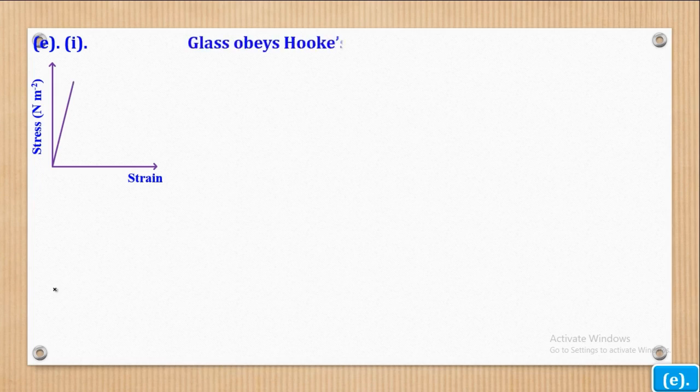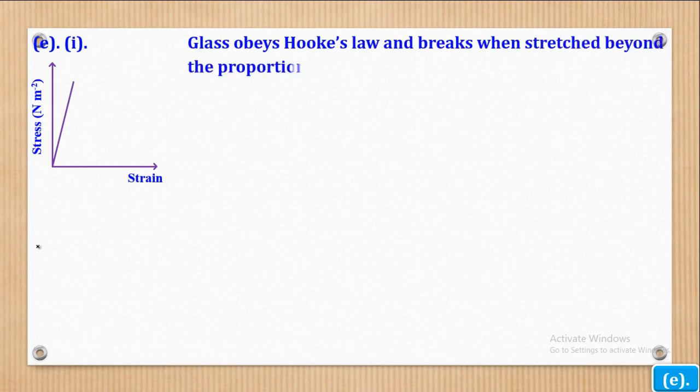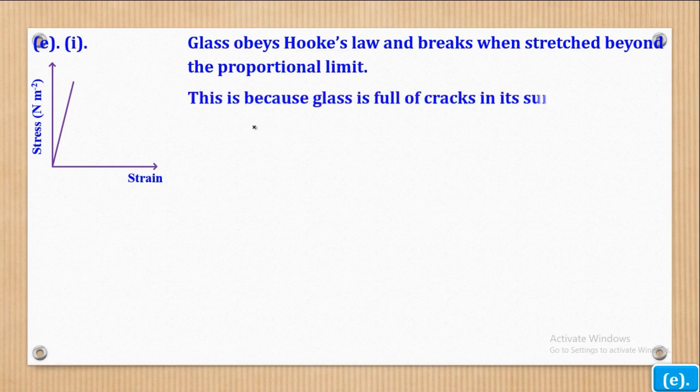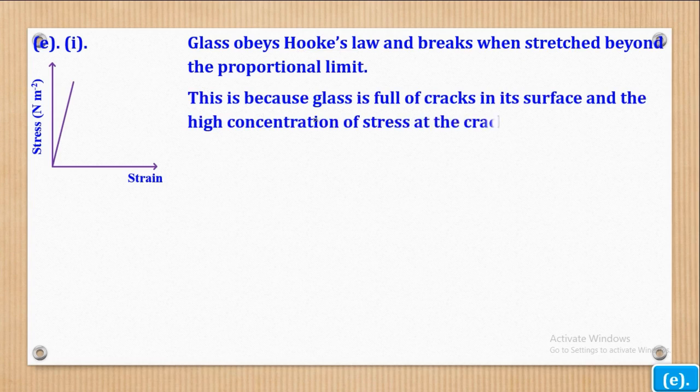But they also wanted you to explain this shape, so you have to say that glass obeys Hooke's law and breaks when stretched beyond the proportional limit. So that is why it stops here. It does not go ahead to do like that as for metal wire. So the reason is this because glass is full of cracks in its surface, and the high concentration of stress at the cracks makes it to break.